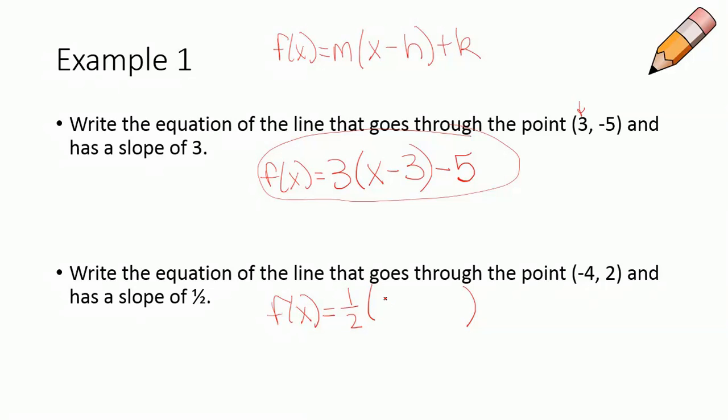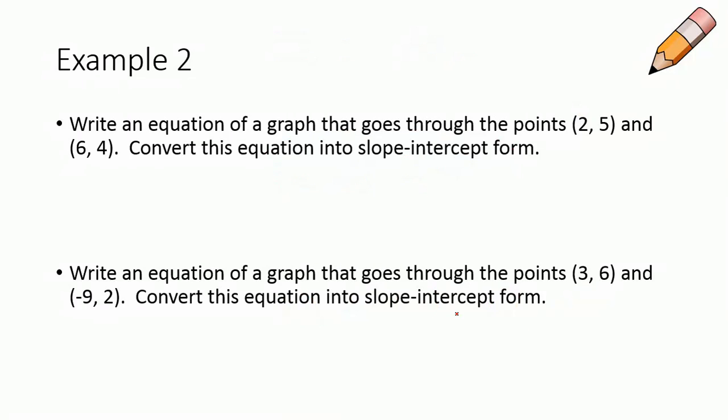So since I move left, I'm actually going to add 4 on. Then I'm going to go up 2, because remember, up and down is what you think it should go. Okay? That is the equation of my line. It is done. It could be simplified, and we'll do that on our next slide here, but that is actually a done equation. Let's keep trying.